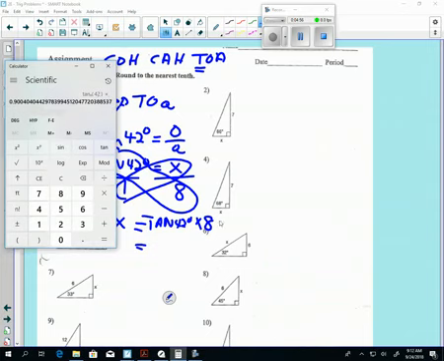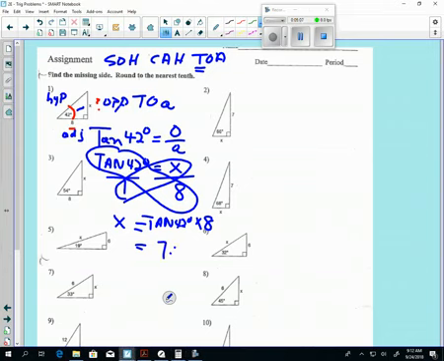I multiply it by 8 in this case, times 8. And my answer is 7.20. So I'm just going to put 7.2. So that will be my answer. So the missing side, in this case here, has a value of 7.2.